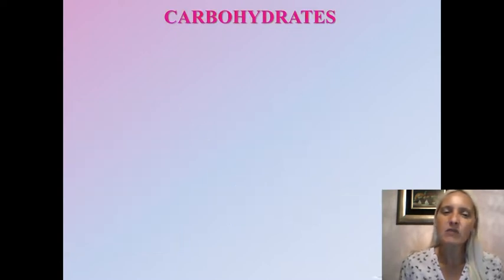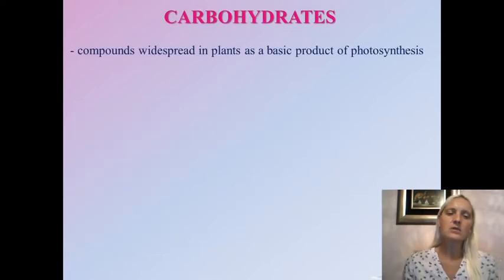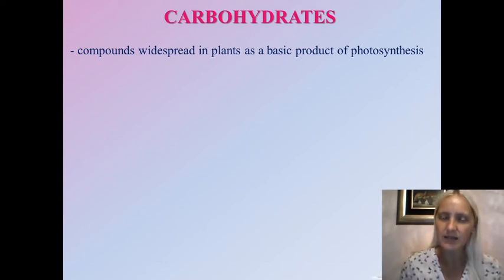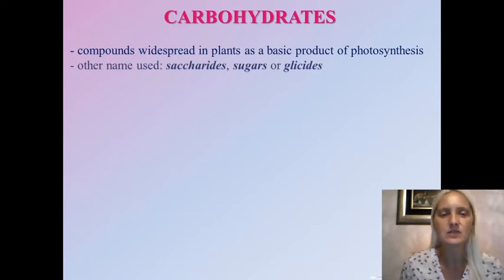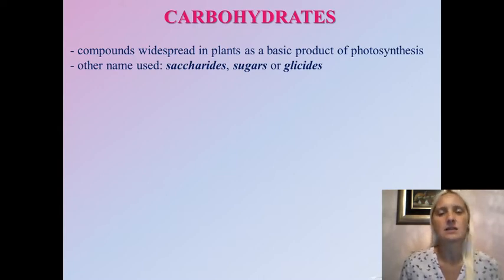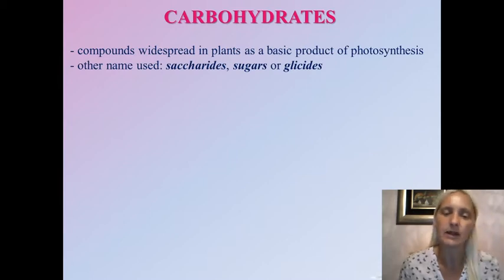Speaking of carbohydrates, those are compounds widespread in plants, and they are synthesized as basic products of the process of photosynthesis. There are other names used for carbohydrates, like saccharides or sugars, which I think is the most popular common name, or glycides, which is an old name.